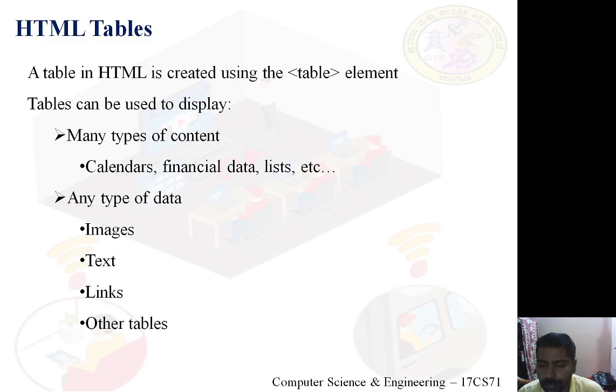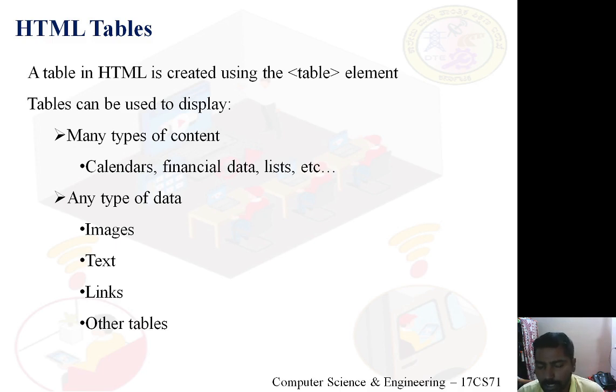I mean, a table is nothing but a grid or collection of cells. What actually is a cell? A cell is the basic unit of a table that holds information.